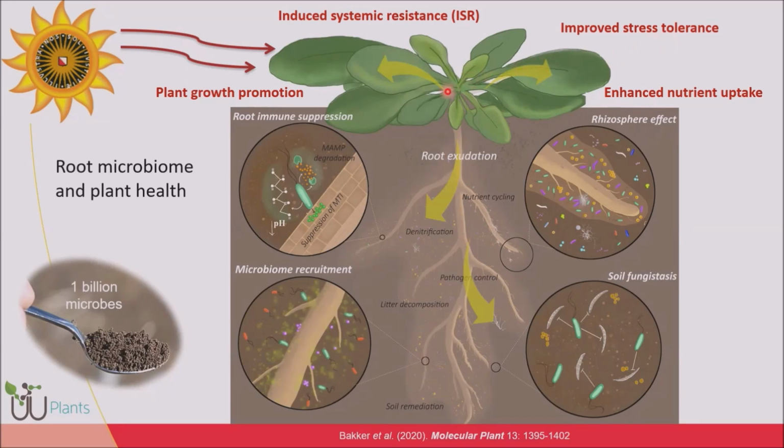And most importantly, they induce the immune system of the plant such that also the above ground plant parts become better protected against all kinds of pathogens and insects. And we call this phenomenon induced systemic resistance. And there are many beneficial microbes that live on the root system that are able to prime the defense system of the plant, enhancing the protection of the plant against pathogens and insects.